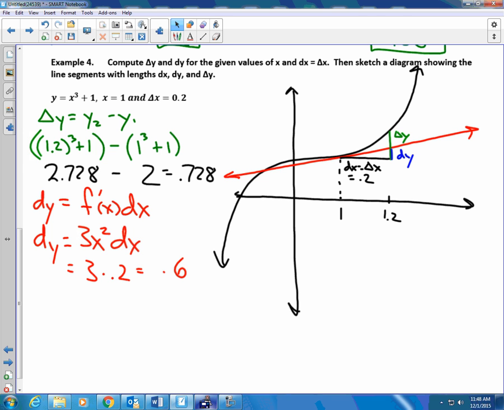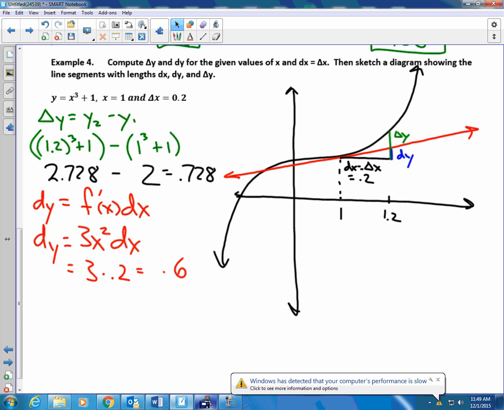Was dy an underestimation or an overestimation? It's an underestimation, and you can decide whether that's close enough or not. But the fact is, I need to know the height of the function at 1.2. So I plug in 1.2 and I cube it and I add 1.